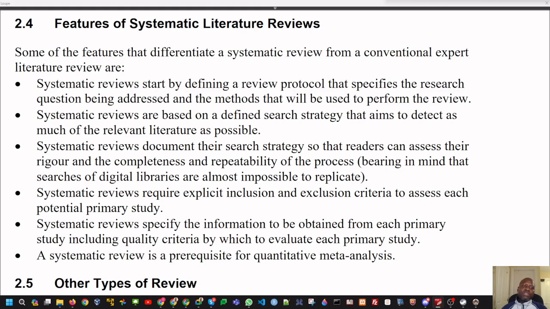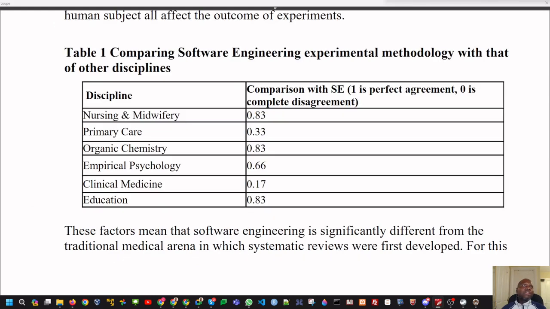So notice that Kitchenham was focusing on a literature review methodology for software engineering. Here he is comparing the differences with other areas of science, especially healthcare.